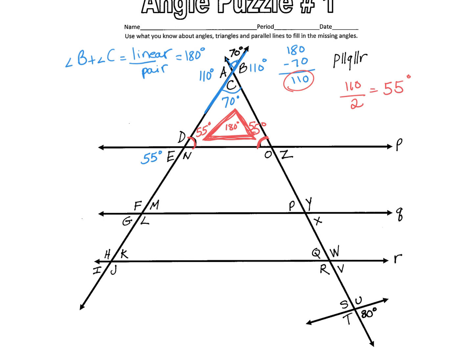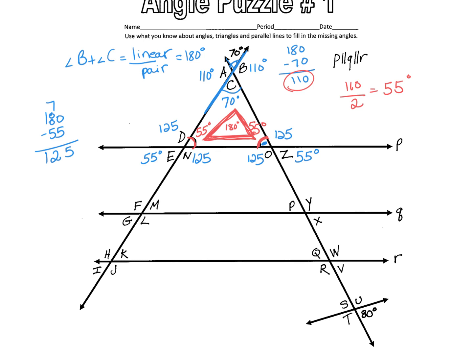To find D and N, I do 180 minus 55, which is 125. And because this angle over here is also 55, my angles are going to be the exact same measure, because there's only 180 degrees to go around, and vertical angles are always congruent.